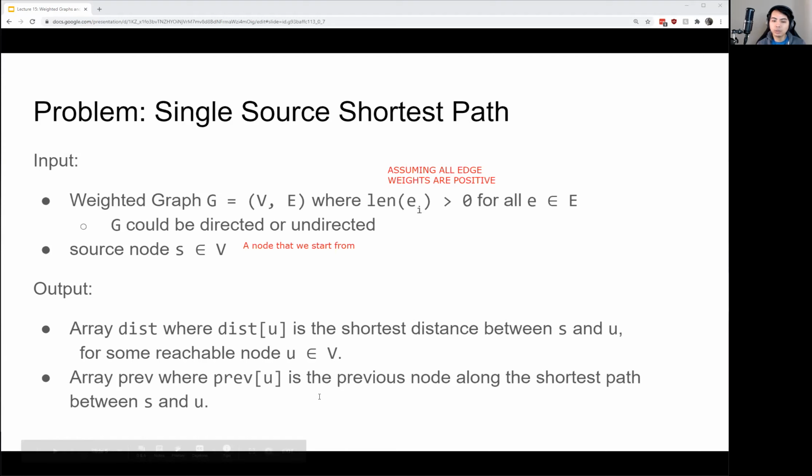We're going to say that distance of U is equal to the cost of the shortest path between S and U. You should be writing this down with me.